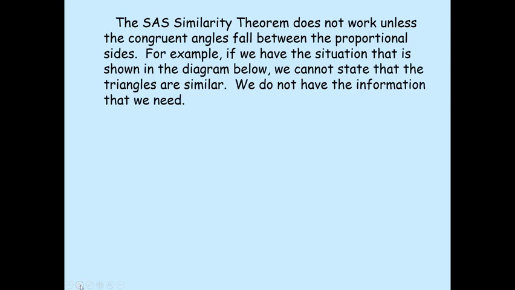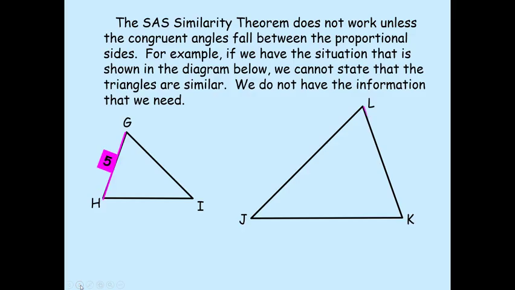Okay, side angle side theorem does not work unless the congruent angle falls between the proportional sides. So let's take a look at these two triangles again. Those two sides right there are the two sides that you would compare. However, if you put the angle not between the two sides, remember how our angle on the last problem was right here?